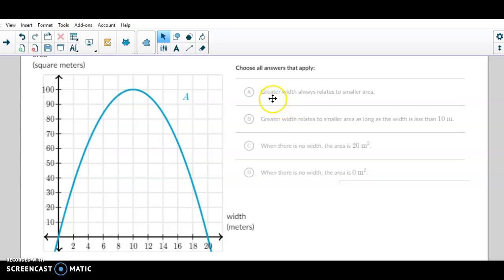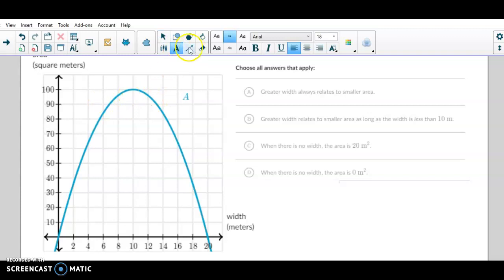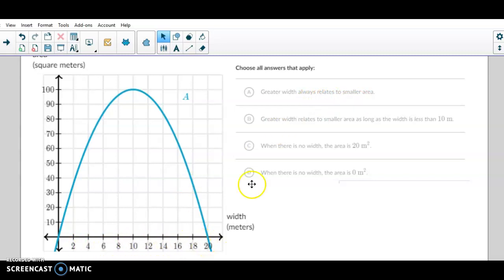Okay, so it says greater width always relates to smaller area. I would say that that's not true because the width is on this axis and the area is here. If greater width related to smaller area, that would mean that as the width is always increasing, the A is going down.